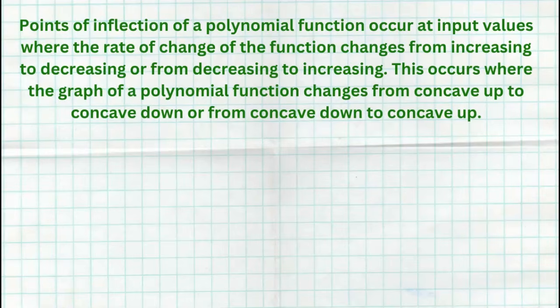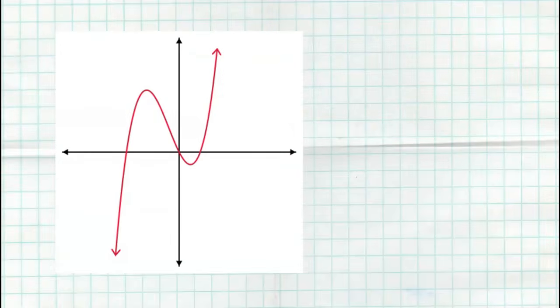So here is a graph and we see that we are concave down and then somewhere we switch and we become concave up. Where we make that switch right around here somewhere is called a point of inflection. Now, hopefully you've watched my earlier videos and you know what concave up or concave down means. But again, concave down means that the rate of change is decreasing.